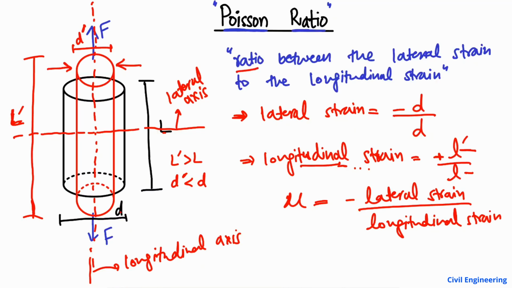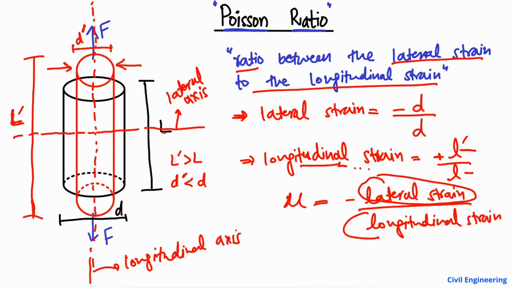The ratio between the lateral strain and the longitudinal strain, the change in lateral dimension to the longitudinal dimension, is known as the Poisson ratio. Also, the Poisson ratio is a constant and it has no unit. It is unitless.